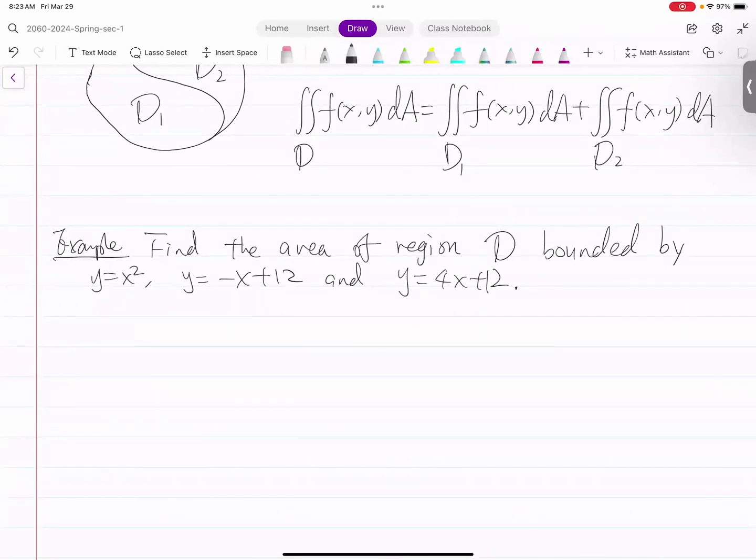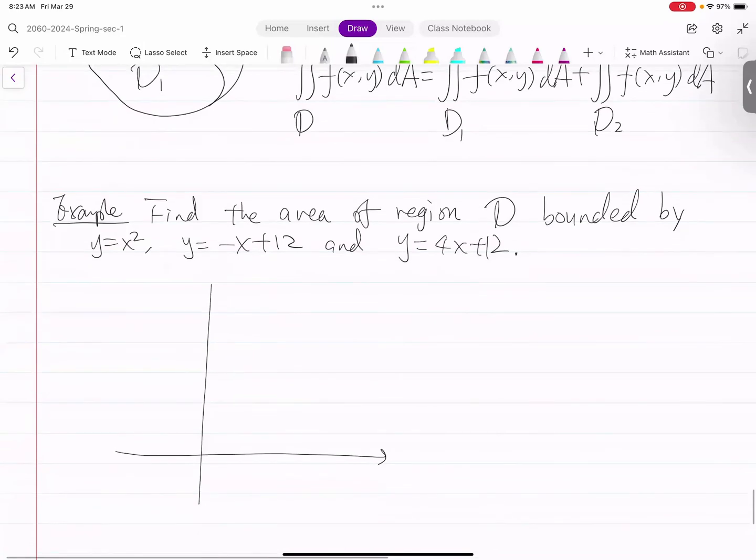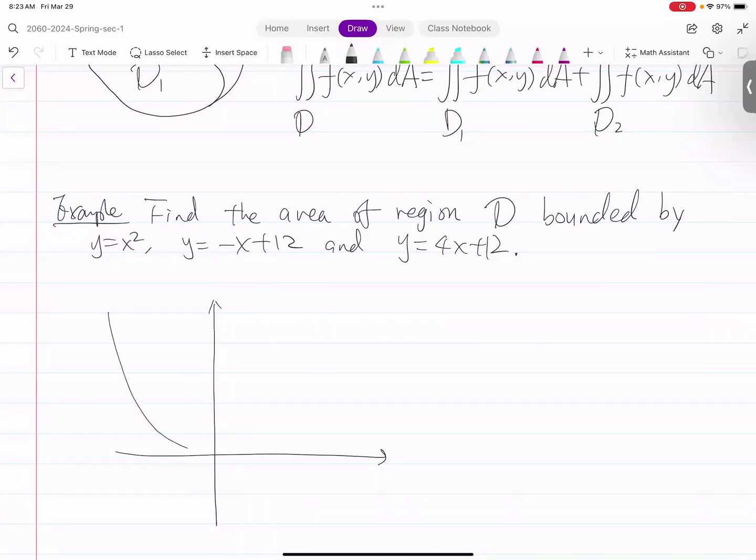Of course we want to sketch the region first. Let me make it a little bit more vertical. Firstly, the parabola, y equals x squared.